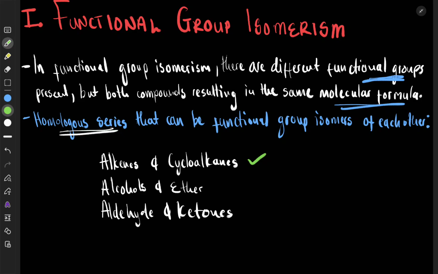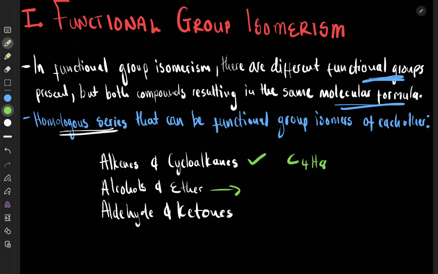If I have an alkene with 4 carbons, it will be C4H8. If I have a cycloalkane with 4 carbons, its molecular formula is still C4H8. Okay? So alkenes and cycloalkanes will always have the same molecular formula. But we know that their structures will be different because they are from different functional groups.